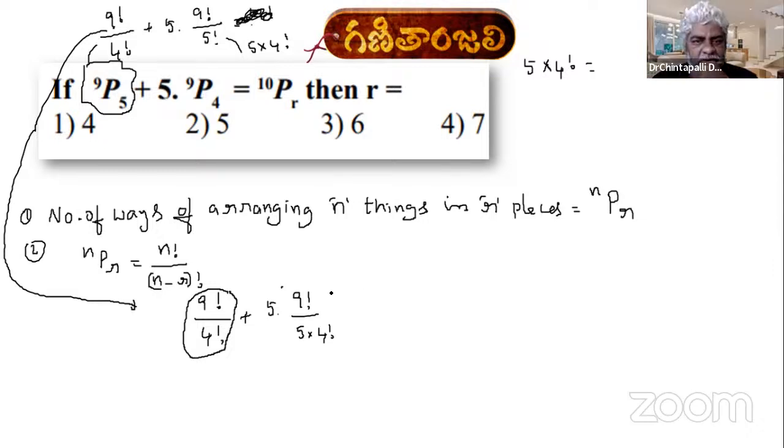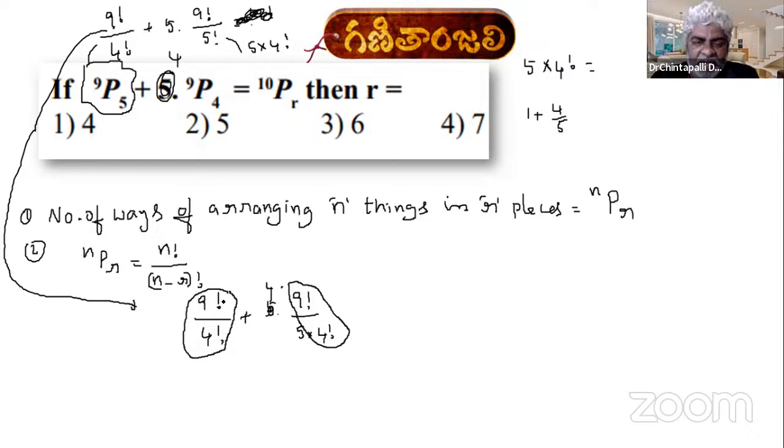So it is 1 plus 4 by 5. I think it is 4. Right? Then it will be 4.